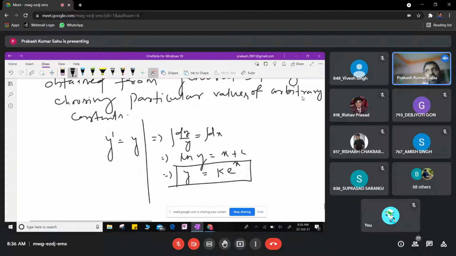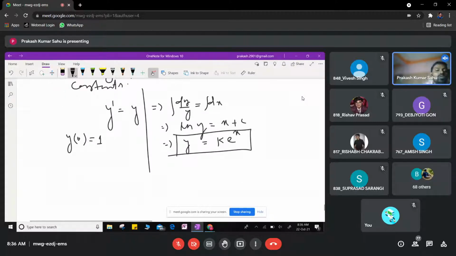So when you solve a differential equation and you have to find the particular solution, then some initial condition must be given. Initial condition means y(0), suppose y(0) is equal to 1. This is your initial condition. When you put this initial condition, you will get a particular value of k. So let us see how to put it.